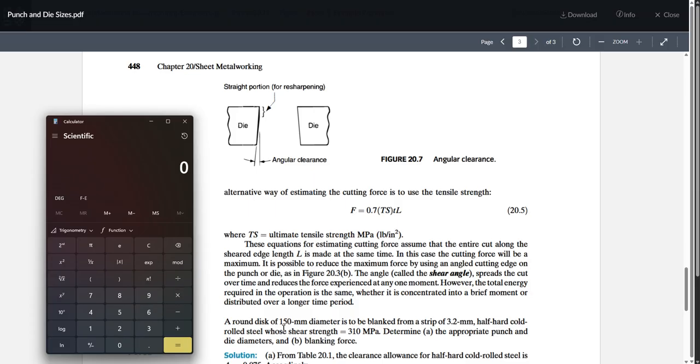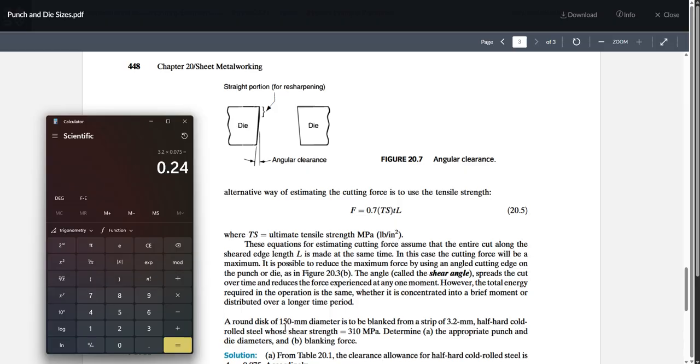The first thing I'm going to calculate is c. I need the thickness, 3.2, multiplied by the value for the clearance factor, which is given here as 0.075. So the clearance value is going to be 0.24. Now the diameter is 150. That's the diameter of the blank.